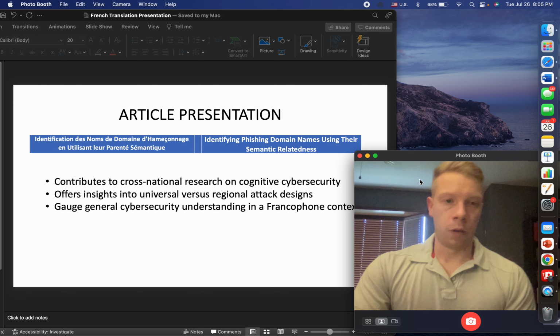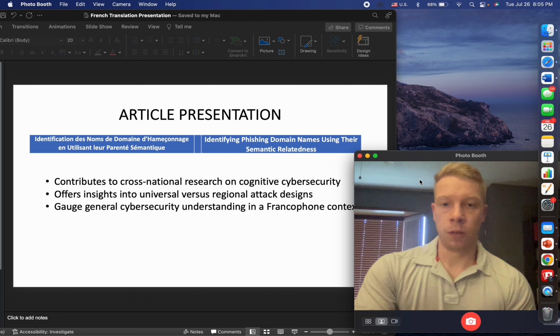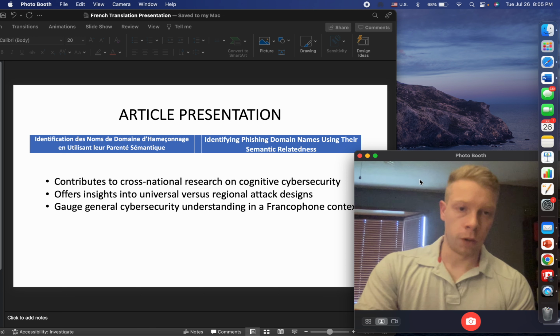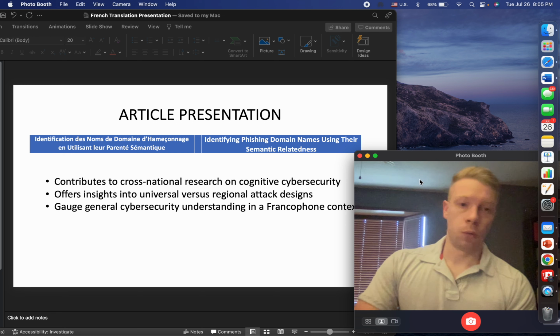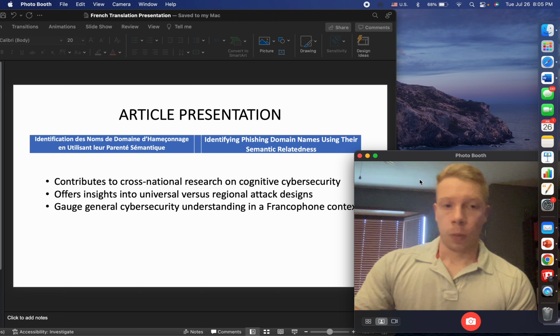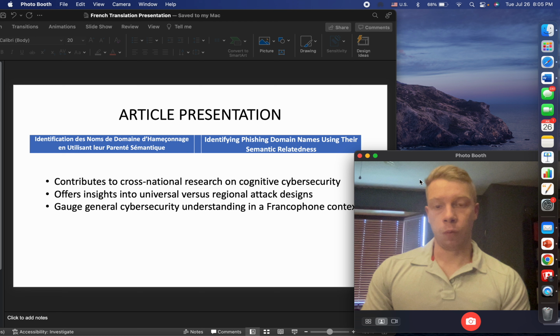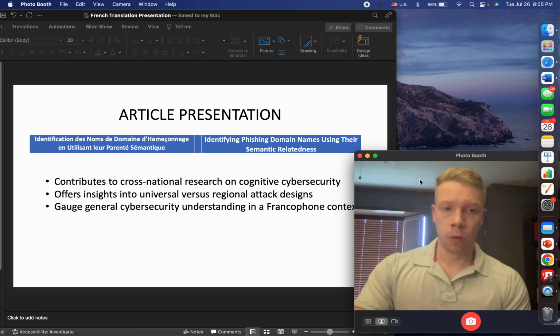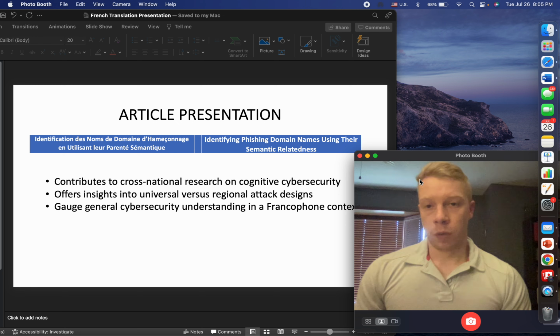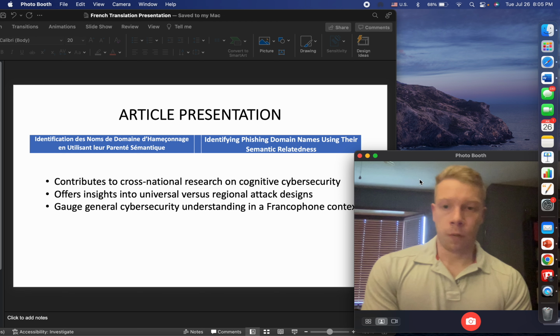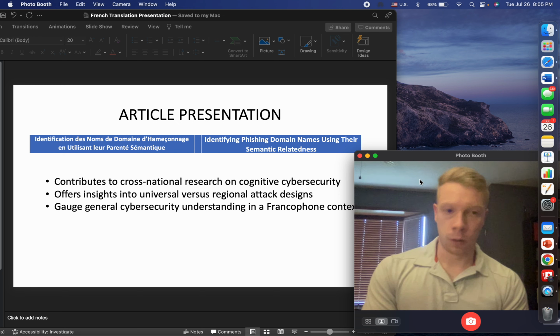A lot of background research in this field of study offers insights into universal versus regional aspects of cybersecurity: whether or not risks are perceived or addressed based on cultural differences, or if the way that we interact with insecurity on the internet is more of a universal response. So this particular article in French is helpful in that it helps to gauge general cybersecurity understanding in a French context, in a Francophone context.